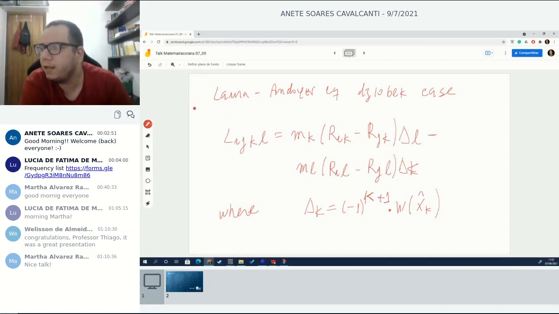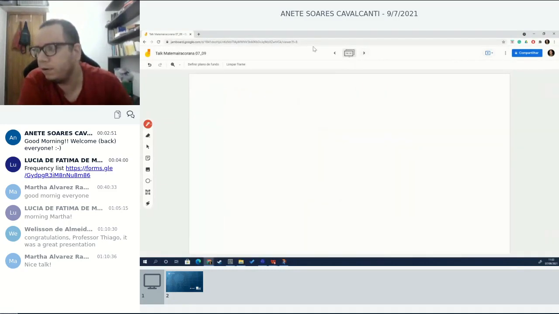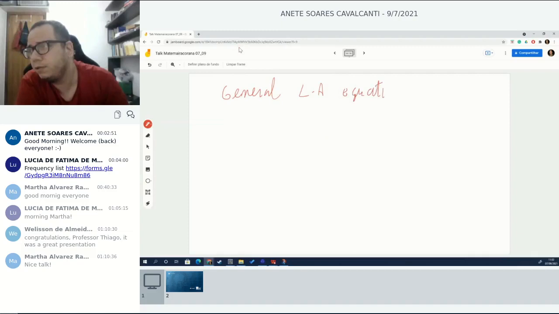In the literature, this equation appears in a particular case, but I don't know if this equation appears for every number of bodies. This is the Laura-Andoyer equation for all numbers of bodies, and we can consider the general Laura-Andoyer equation.